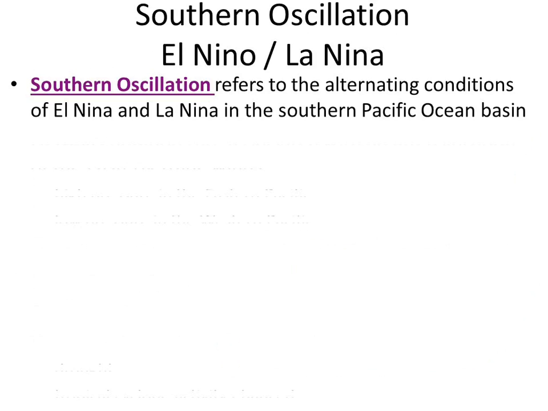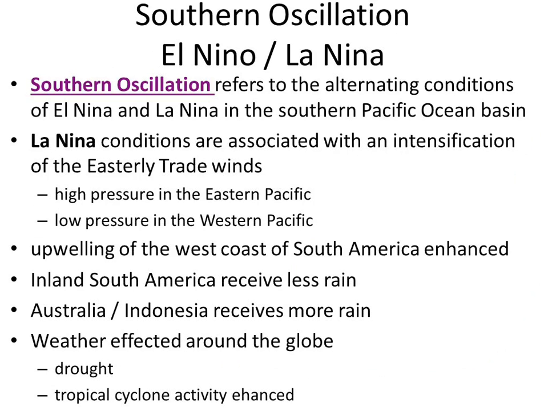La Nina is just the opposite. Remember with an El Nino, the easterly trades almost reverse themselves? Well, with La Nina, the easterly trades intensify. Think of what would happen if those easterly trades intensified. Well, the fish would be extra happy because they get extra nutrients. Actually, upwelling goes in overdrive.